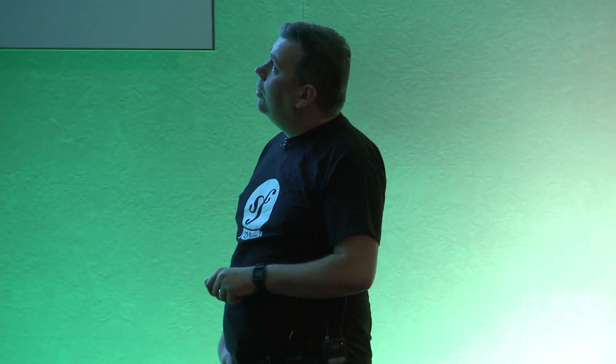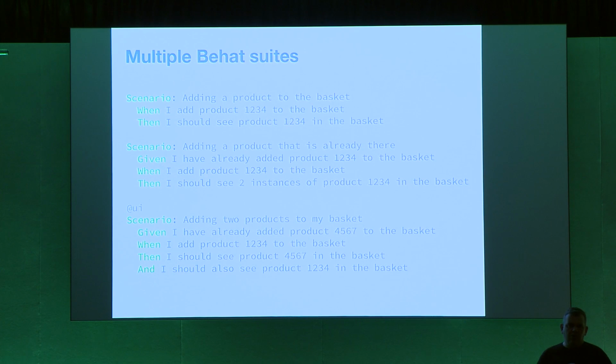So here's an example of a few different scenarios involving adding products to the basket. If they've all been tested through the service layer, so I know that products can be added to the basket, I know that I can't add a product that's already there, and I know that if I add 2 products, both of them are in the basket.